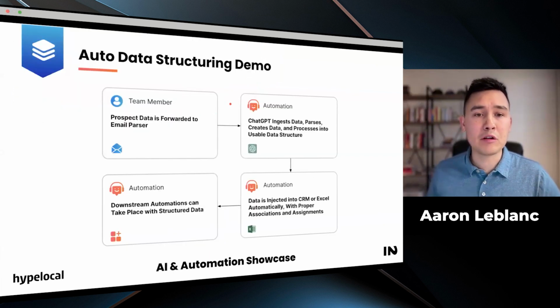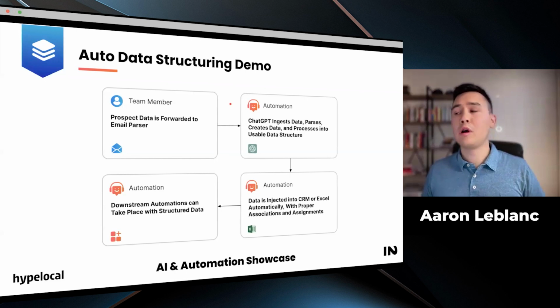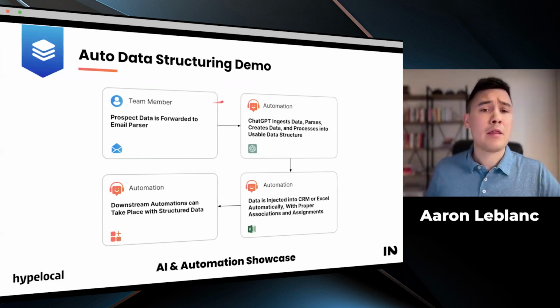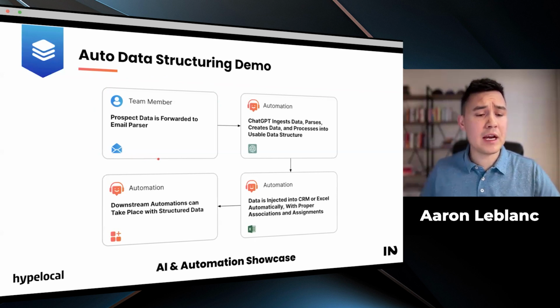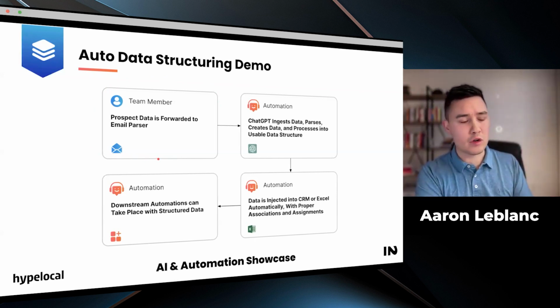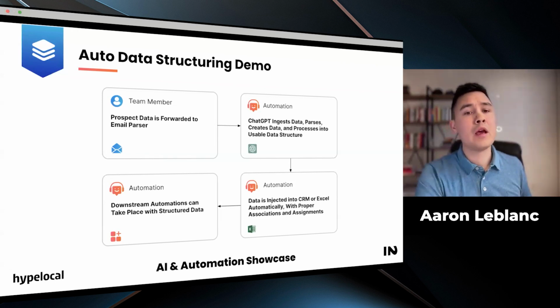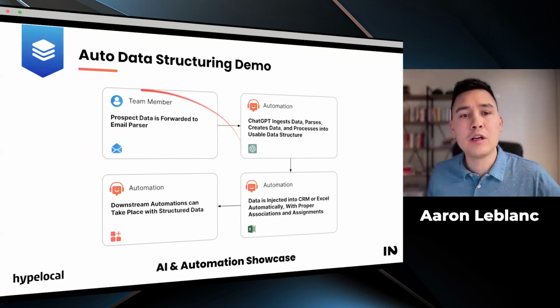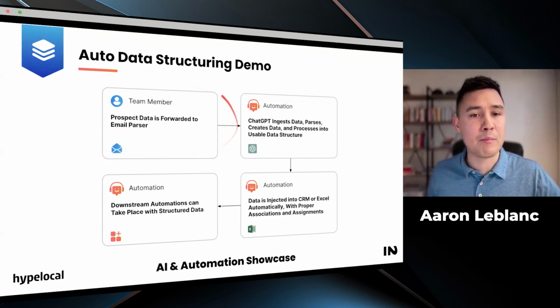So here's how it works. We're going to show this live and visualize this for you. So the prospect data, once I get a customer engaged or I have data that I want to enter, a lot of the times the communication is in the email, right? What I'm going to do is forward that email to a parser, an email parser inbox, okay?